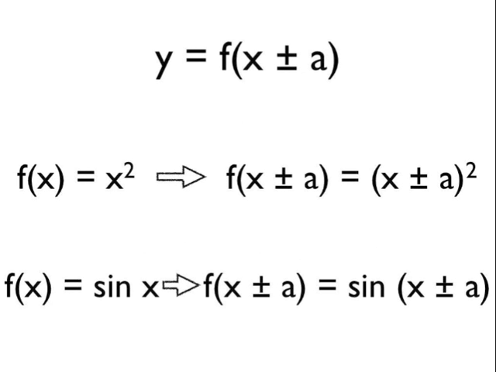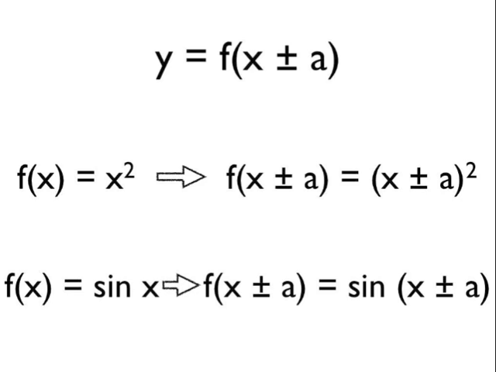So we'll look at this graph transformation on two functions in particular. The first function of x is going to be x squared. You can see that I've put the x add or subtract a in brackets before I've squared it, to show that the a is added or subtracted to the x before you put it into the function.